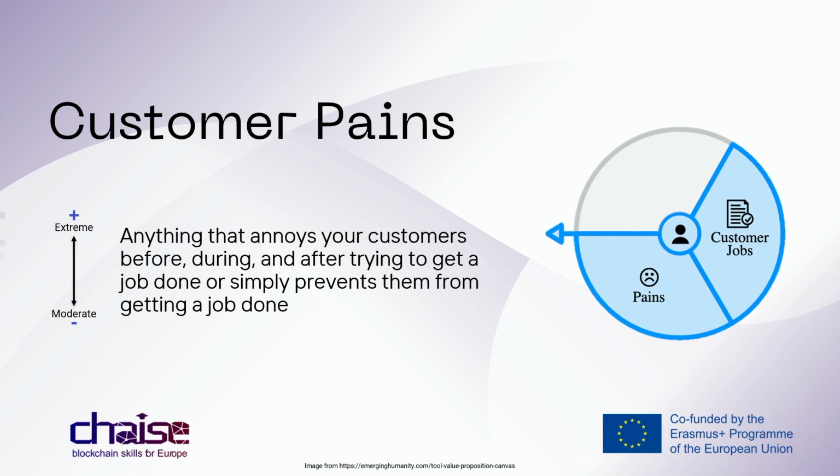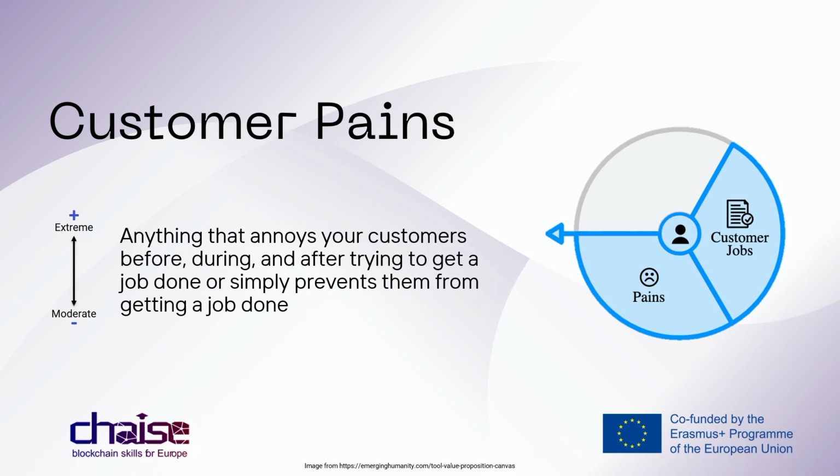I need to clean. I don't like cleaning. That's a pain. I don't have time to clean. That's a pain. The equipment is difficult to work with. That's a pain. I clean, but it doesn't get clean. That's a pain.